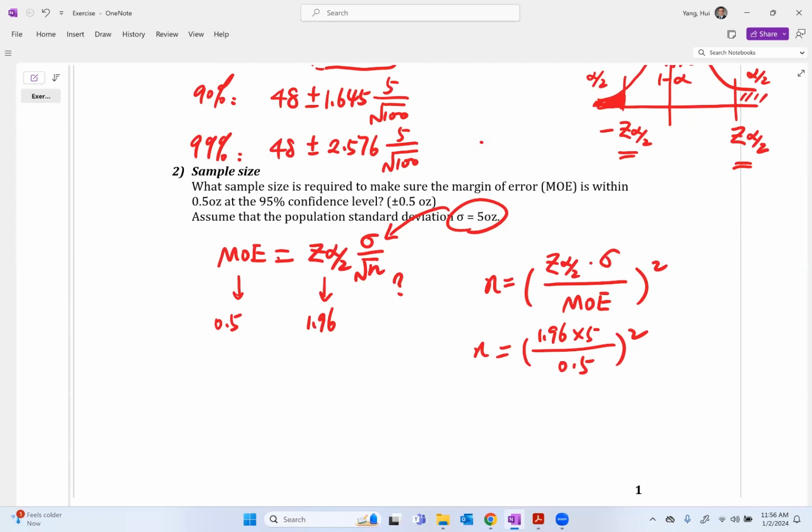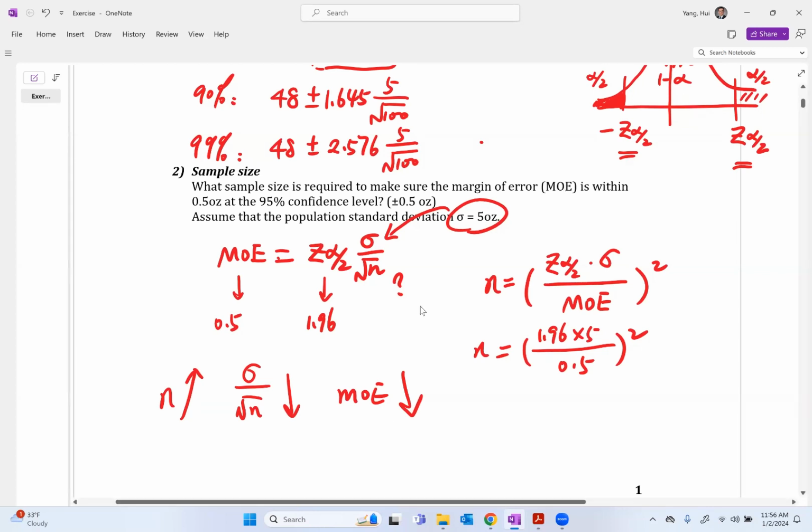We need to make sure MOE is within 0.5 ounce. Because MOE equals this expression, if n increases, sigma over square root of n will decrease, so MOE will also decrease. Now what we need to do is get this sample size.